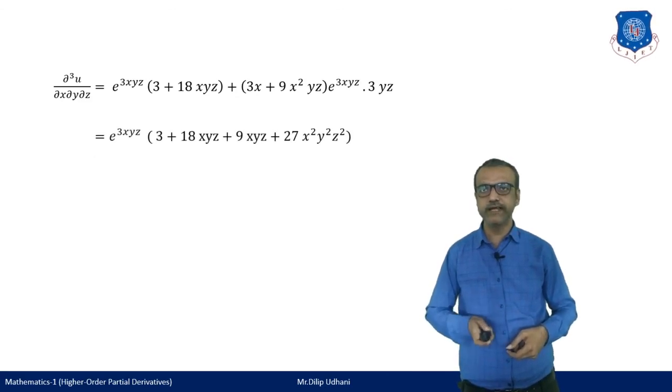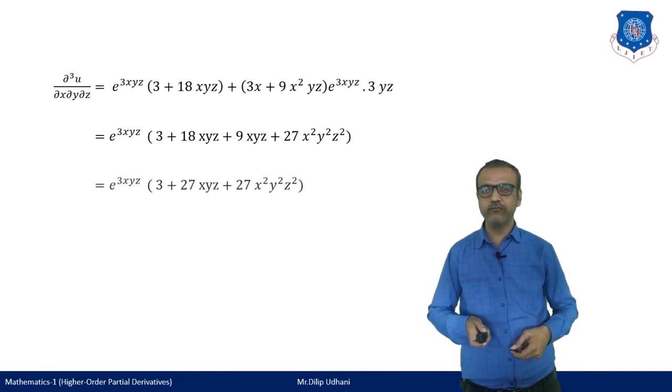So e raised to 3xyz into bracket (3 plus 18xyz), then multiplying the bracket 3x plus 9x square yz by 3yz, we have 9xyz plus 27x square y square z square.